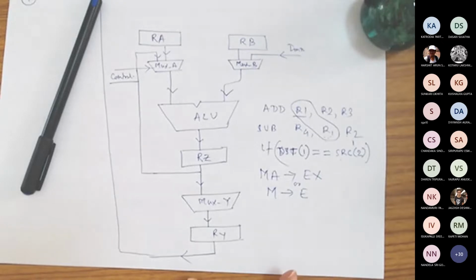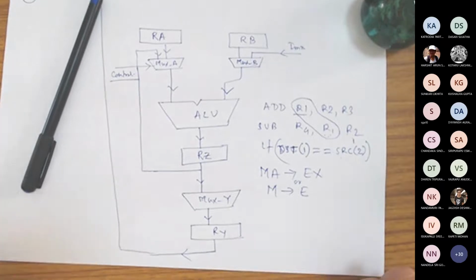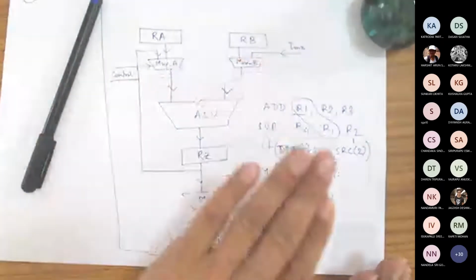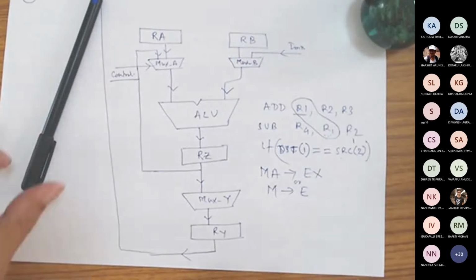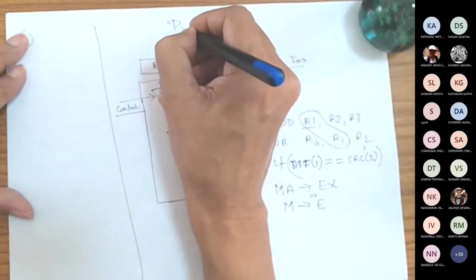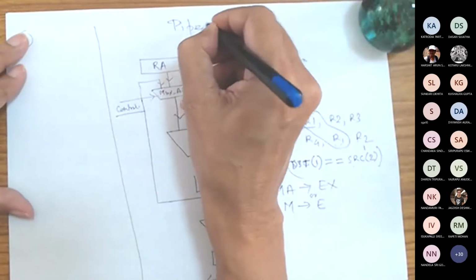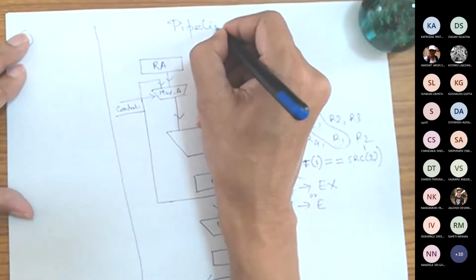Now this is one example of forwarding. I will stop here. I do not want to extend it further. There are many such forwardings possible depending on the dependencies. Here I will stop because pipeline is a complex thing which I do not want to extend.